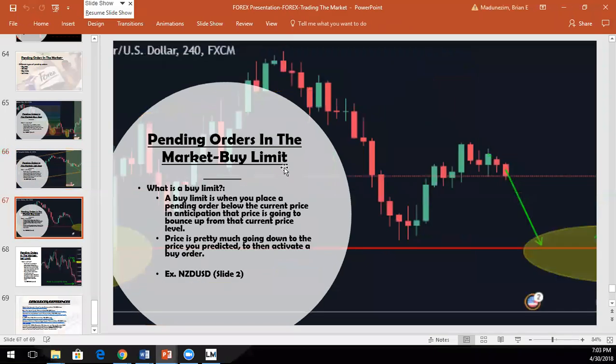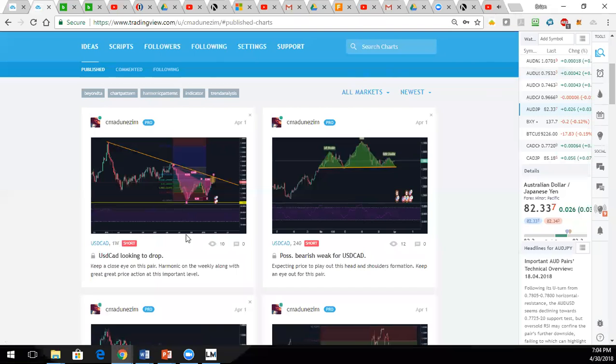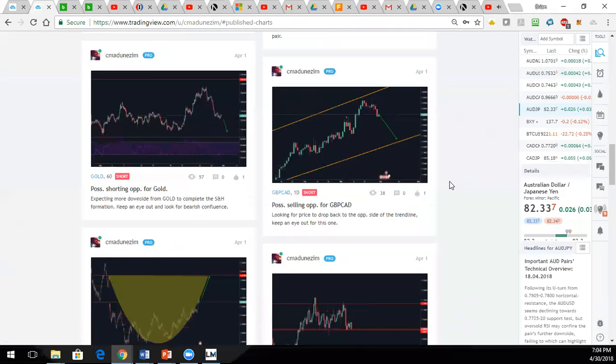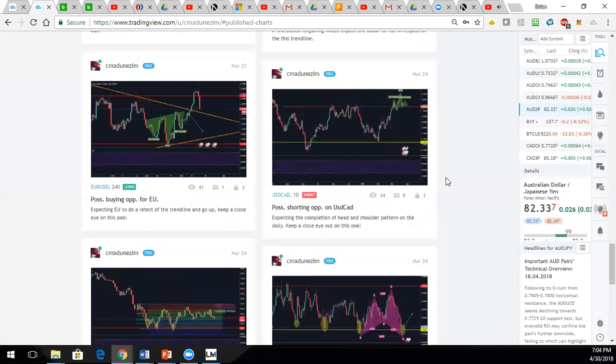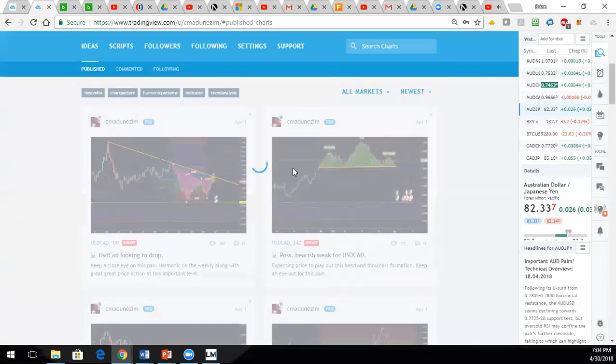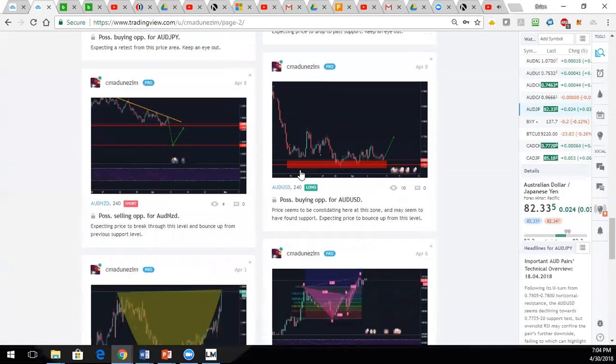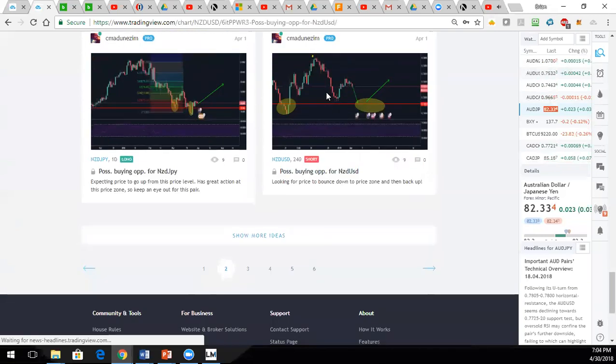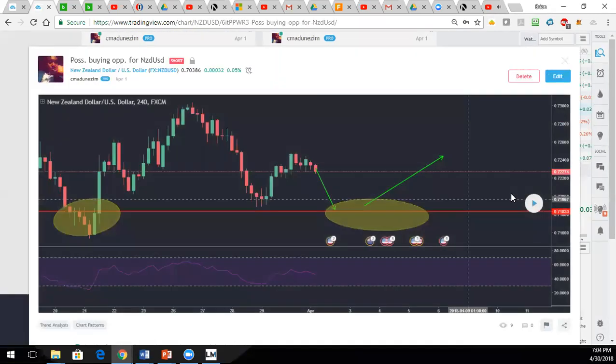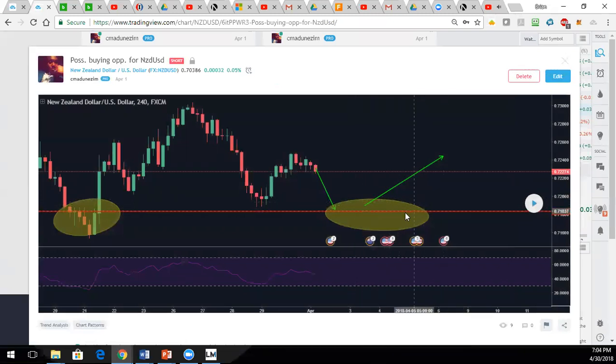So let's talk about a buy limit, guys. Okay, let's talk about a buy limit. This same pattern can be used to symbolize a buy limit.